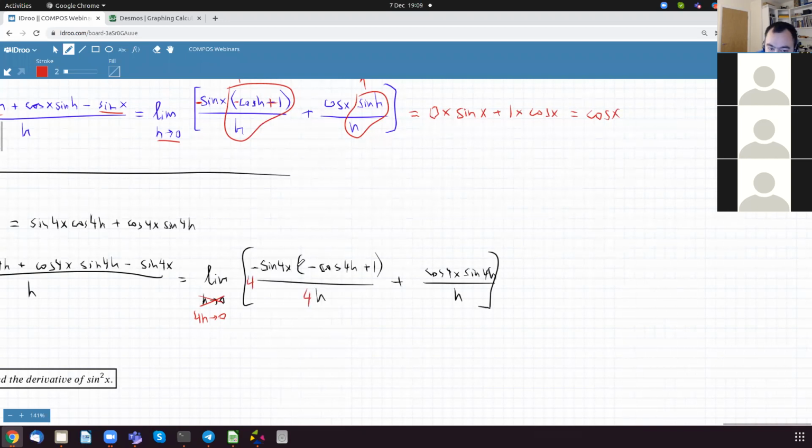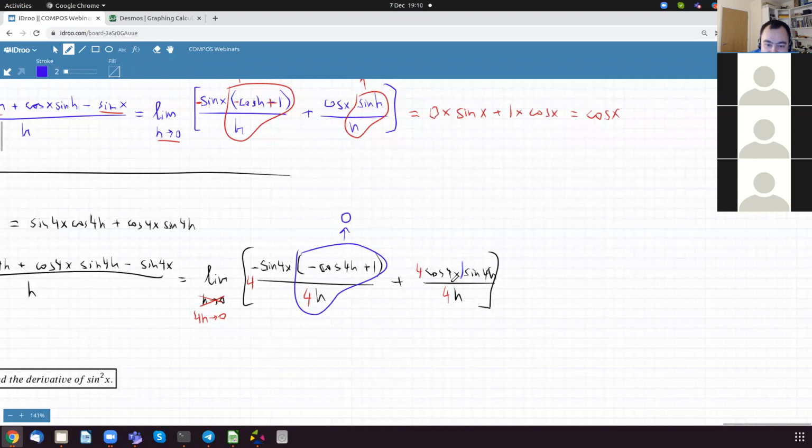If we multiply the top and bottom by 4, the fraction does not change. And we do the same thing here. We multiply the top and the bottom by 4. And now we see the familiar limits. This limit is 1. This tends, 0 tends to 0.